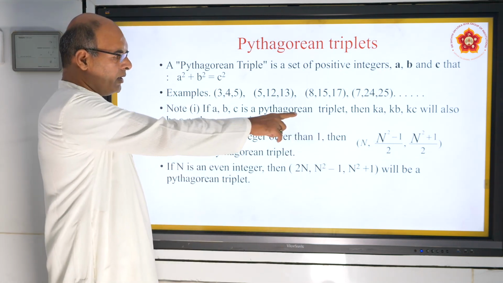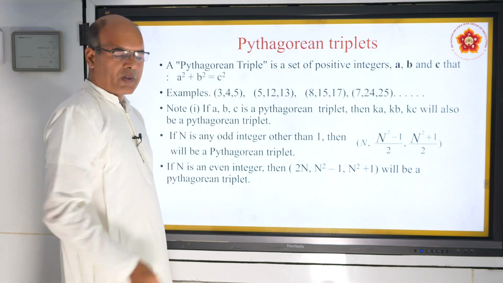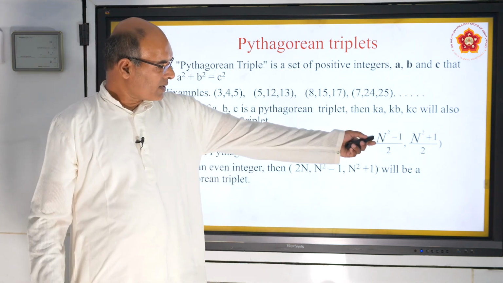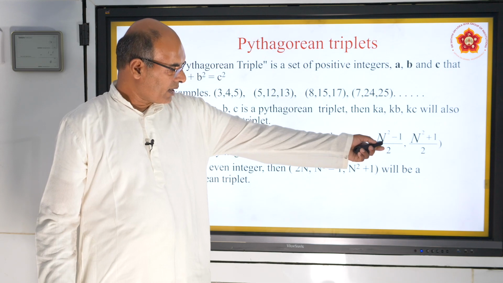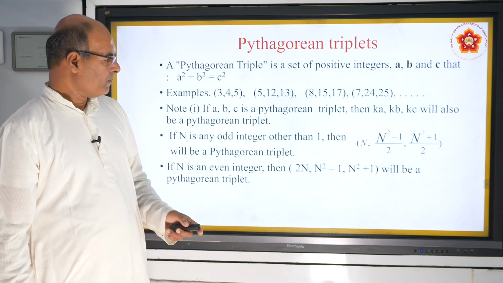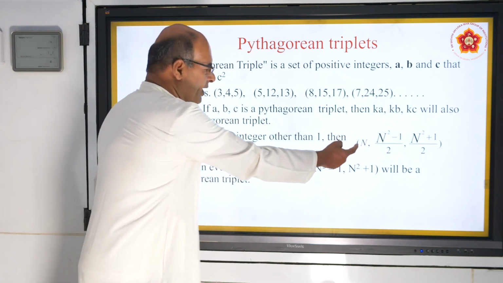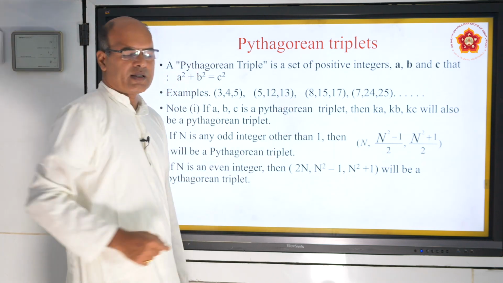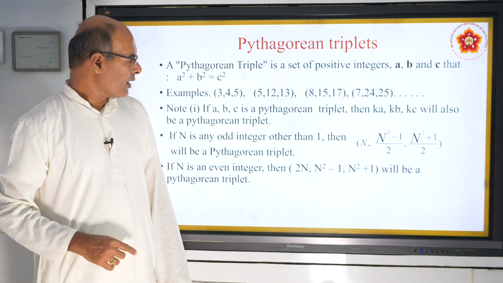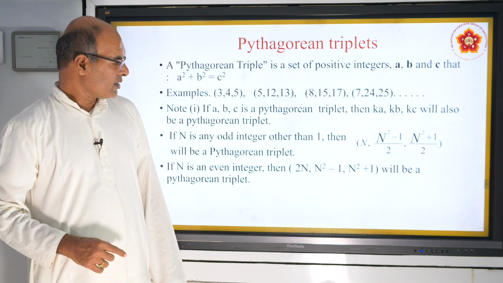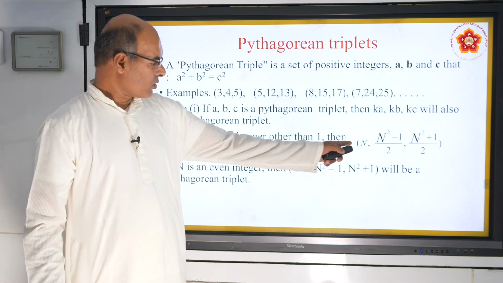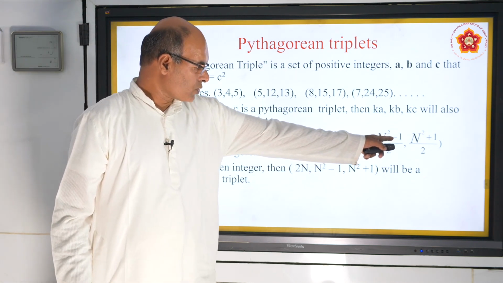And n square plus 1 by 2 becomes 5: 9 plus 1 is 10, 10 by 2 is 5. If we take n equal to 5, we get the second set of Pythagorean triplets, 5, 12 and 13. Is it not? 5 square is 25, minus 1 is 24, by 2 is 12.